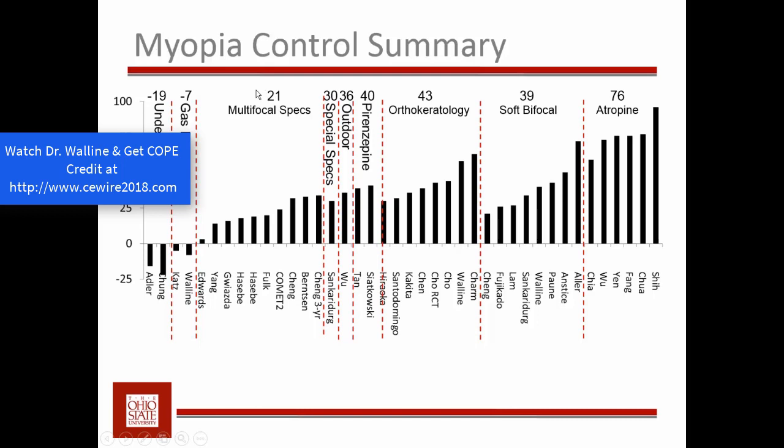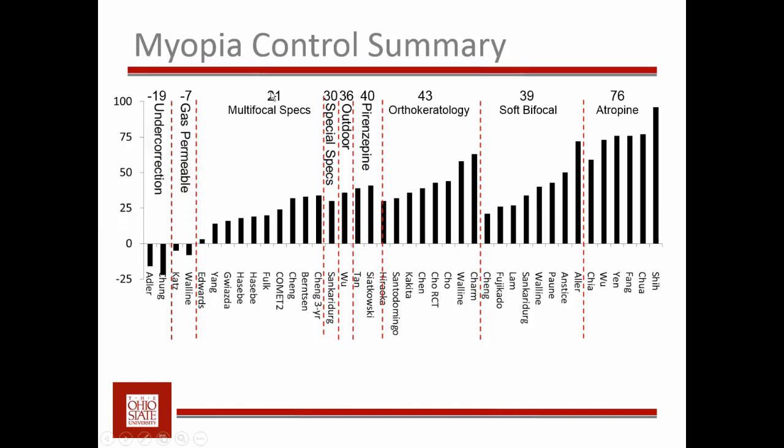So you can see that on average multifocal spectacles slow myopia progression by about 21%, whereas orthokeratology contact lenses and soft bifocal contact lenses are closer to 40%, and atropine is closer to about 75%. So you get an idea of the various treatments and how effective they might be in one picture.